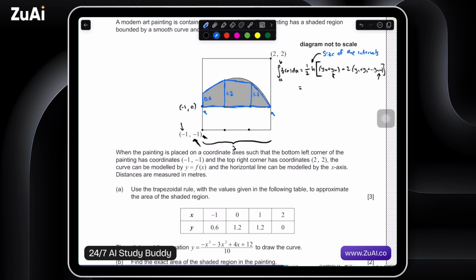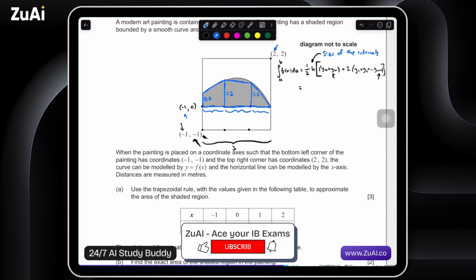So what is h? If we're going from -1 all the way to +2, in 3 steps, we have 1, 2, 3 equal intervals, and we know we travel a distance of 3. So the size of the intervals is just 1, so h is equal to 1.